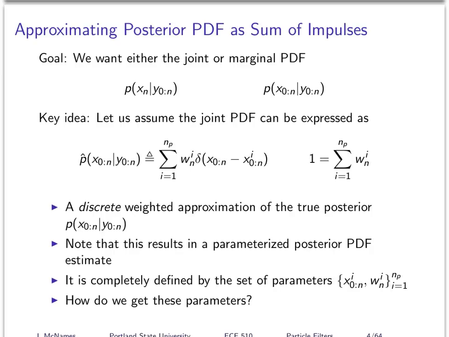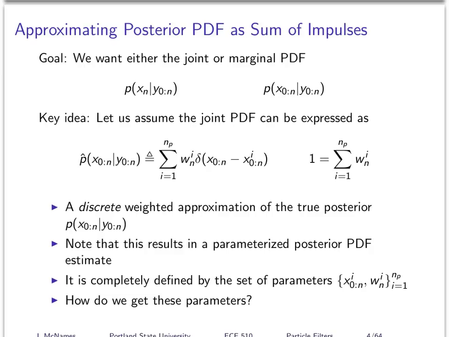The joint posterior PDF is what we're estimating, and it's actually what you get with particle filters, which is really nice. Take that last plot that we ended with in the previous set of slides and put it in this high dimensional space that grows with time. That space is comprised of how the state changes over time, in the different paths that the trajectory could take from time 0 up to the current time.